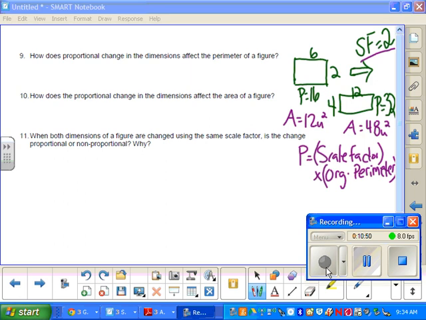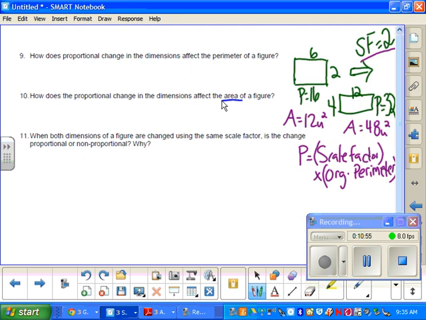How does the proportional change of the dimensions affect the area? Okay, guys, so now we're looking at what happens when we use area. So you can remember back, you need to do length times width. So you do 6 times 2, which gives you the area of 12 units squared right here on the original. And we use the scale factor of 2.